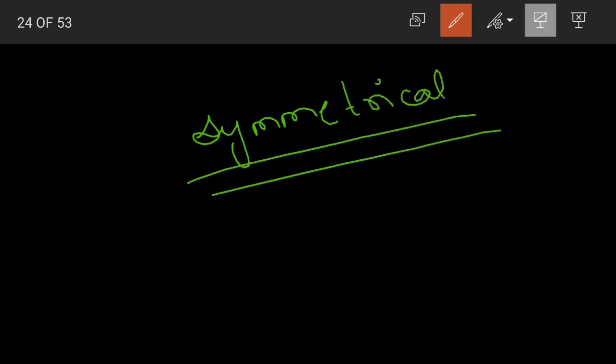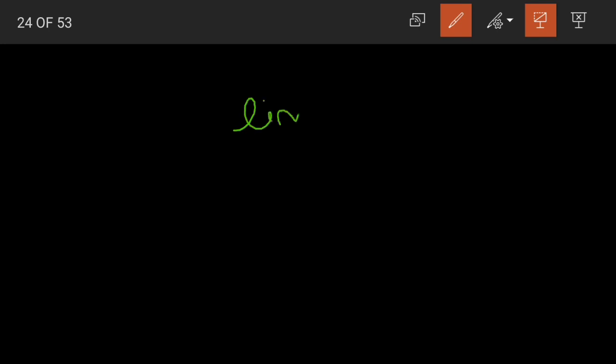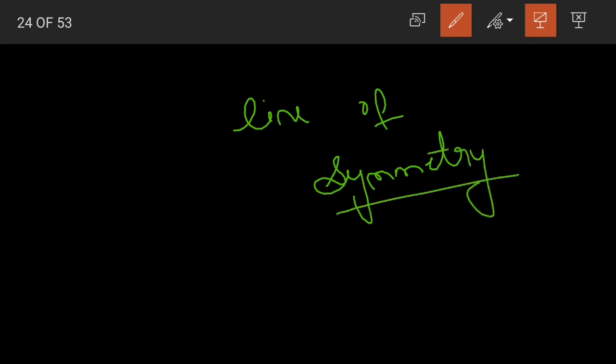The objects are symmetrical, and we are having this line, right? This line will be called as line of symmetry. What will it be called as, children? It will be called as our line of symmetry.